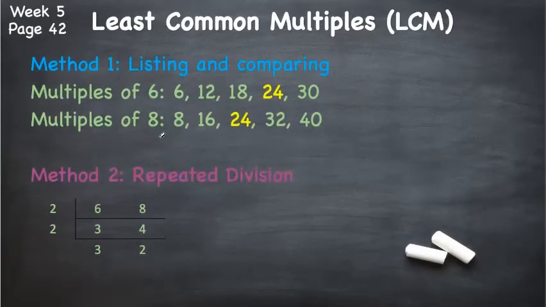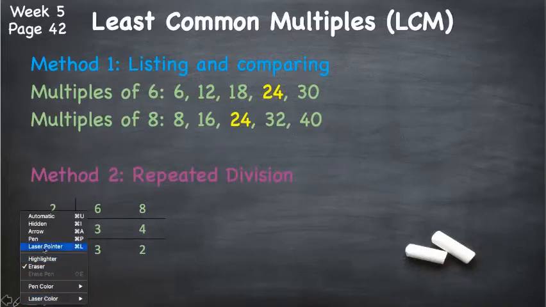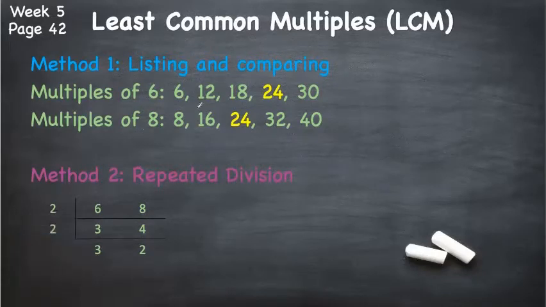So we have the first method right here. An example is multiples of 6 and 8. The multiples of 6 are 6, 12, 18, 24, and 30. We don't have to go all the way because we know that the next number that we have to list down is 8. Some of these numbers are already multiples of 8.